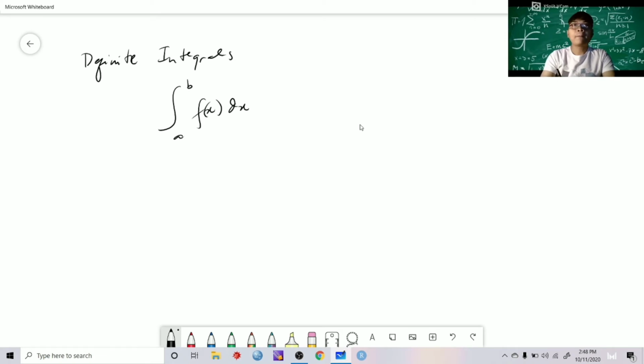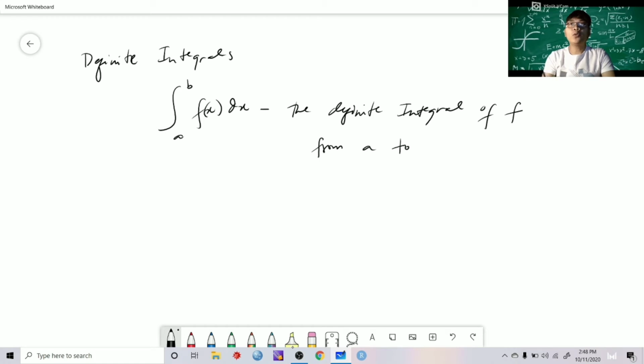So we read this as the definite integral of f from A to B.